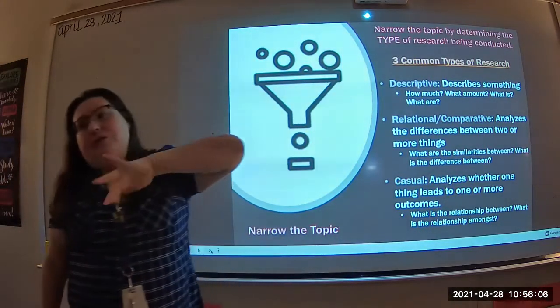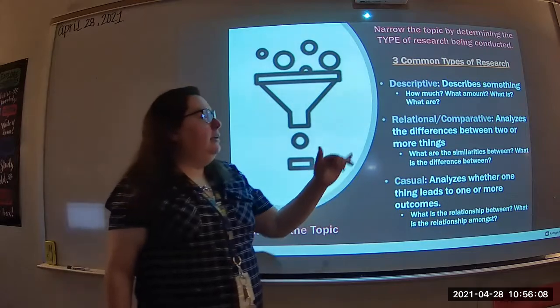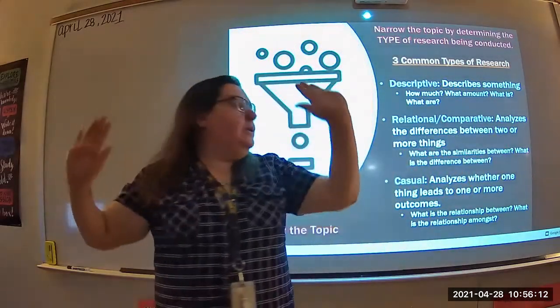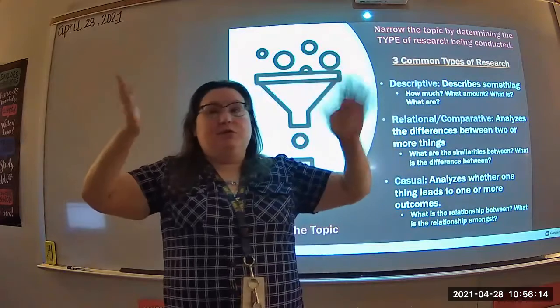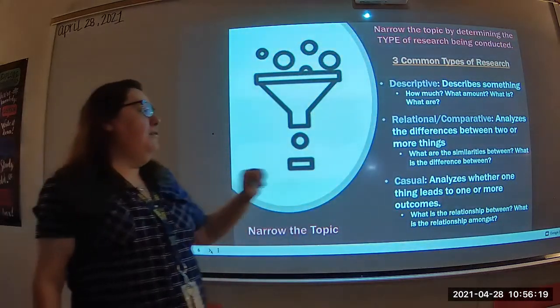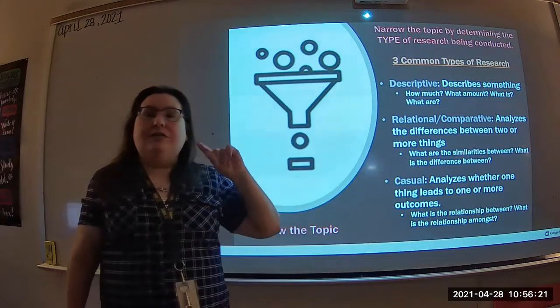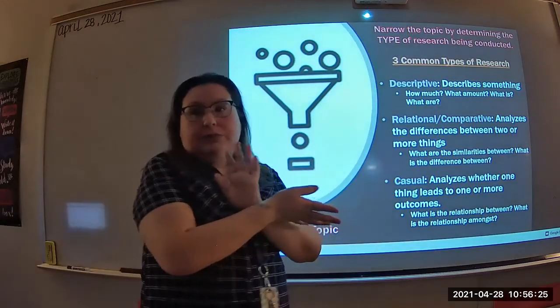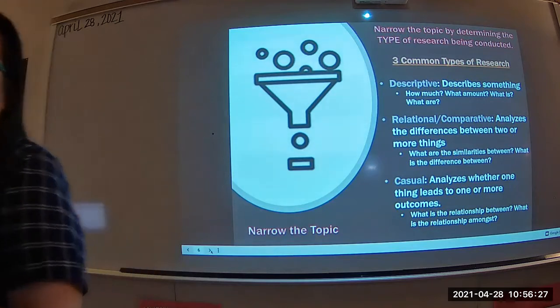Just like its name sounds, it's where you describe, okay? Then we have relational or comparative, right? What is the relationship or what are the similarities between, this tends to be your compare contrasts, right? And then you have causal. And just like it sounds, it's the cause of something. What is a cause? What are the outcomes? Does that make sense? Okay.